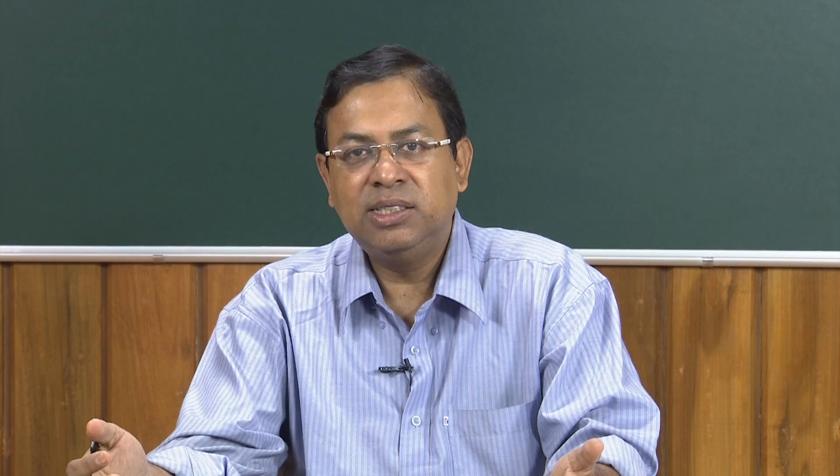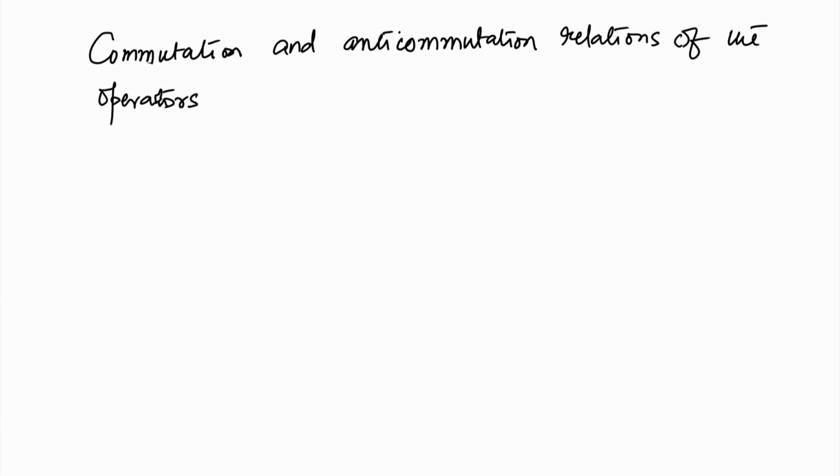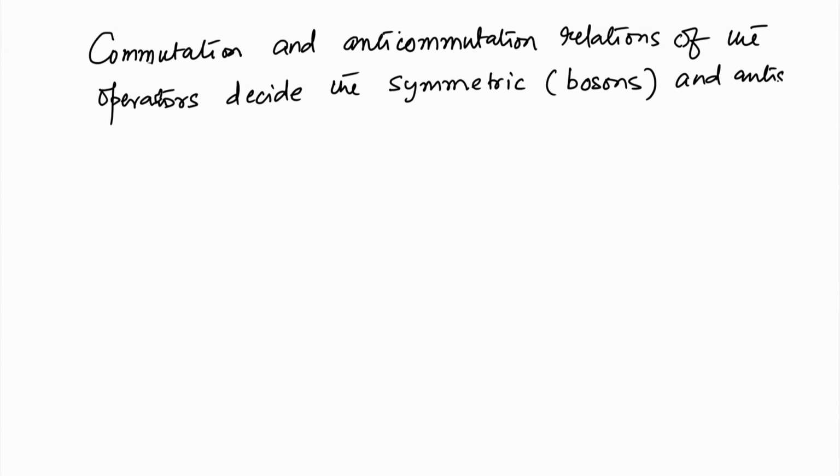That is known as the antisymmetric or symmetric property, and these relations will actually decide the symmetric, as I said, that is for bosons, and antisymmetric, which is for fermions, nature of the wave functions.